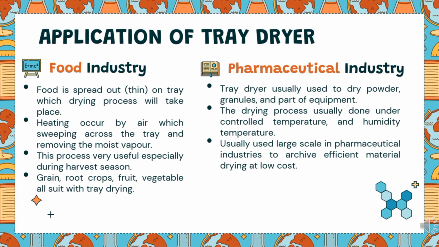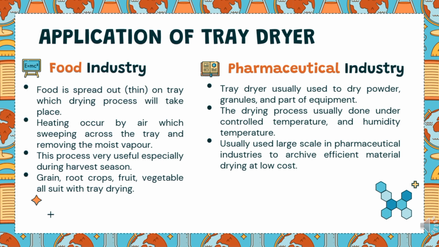Next is the application of tray dryer, which is divided into two, food industry and pharmaceutical industry. For the food industry, food is spread in a thin layer on the tray, where the drying process will occur. Air will sweep across the tray and remove the moist vapor. This process is very useful during harvest season, especially for grains, fruit, and vegetables.